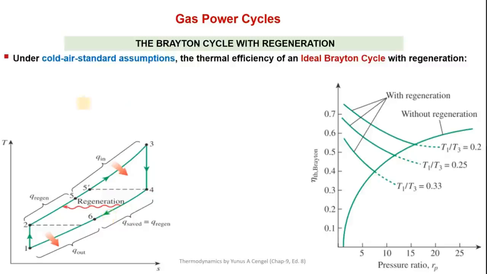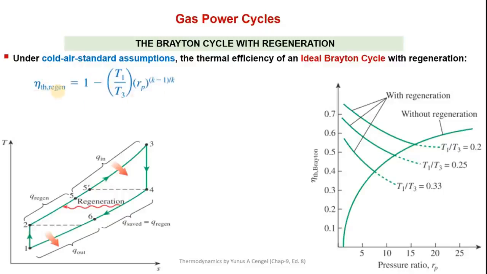Now we can derive the efficiency of this ideal Brayton cycle with regeneration, and that efficiency comes out to be this one. The derivation is not included in this course, so here I am showing only the final derived equation.